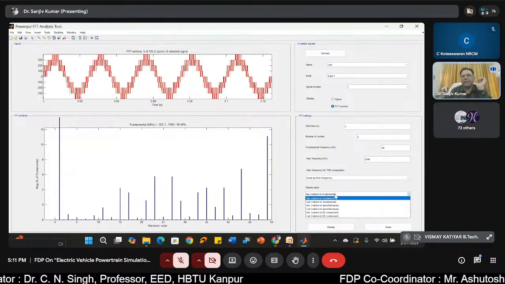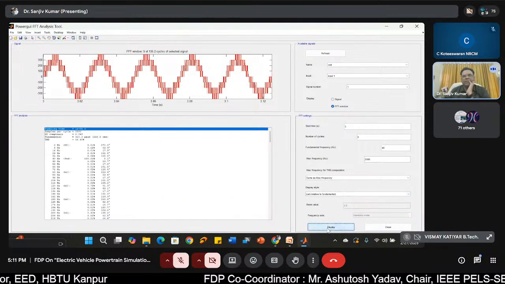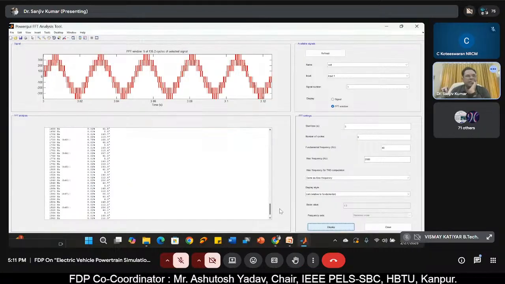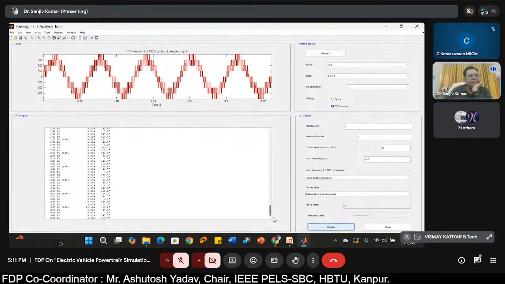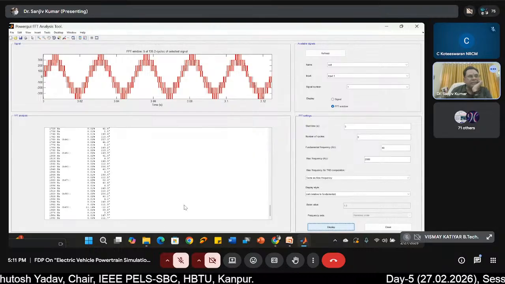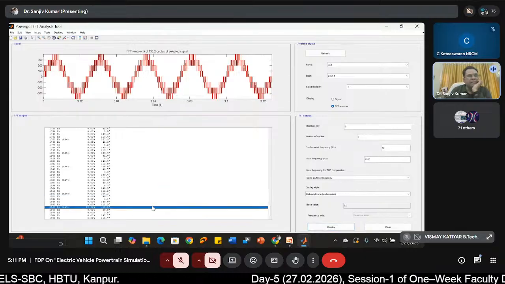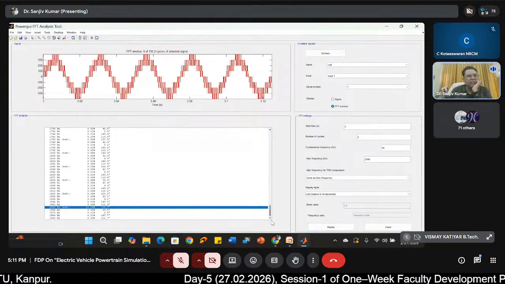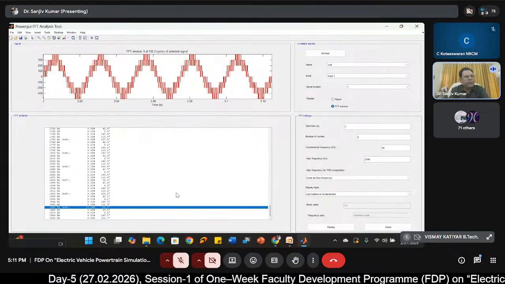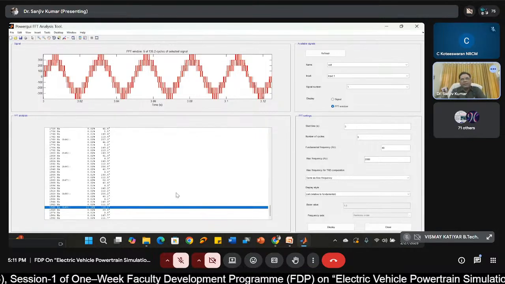Let me take this as the list related to the maximum. Now I'll show you. Just see here. H49 is 11.14%. H49, harmonic order 49, is this.